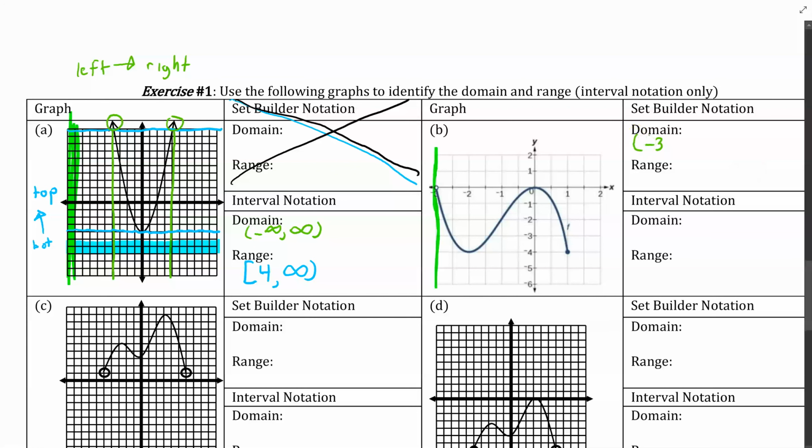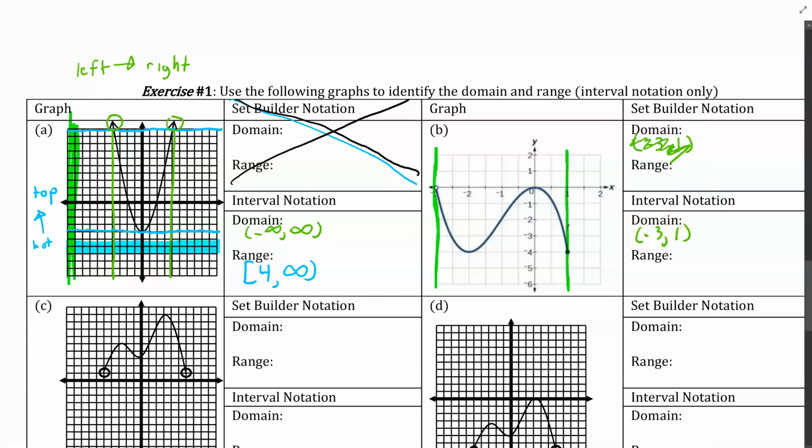And then if you continue sweeping your pencil to the right, your pencil will still touch the graph, and it'll stop touching the graph at 1. And because this is a closed circle, we want to include the x value of 1. Whoops, that should be underneath the interval notation.